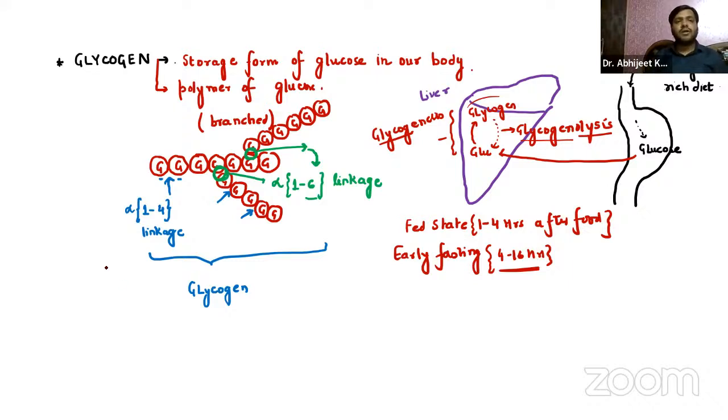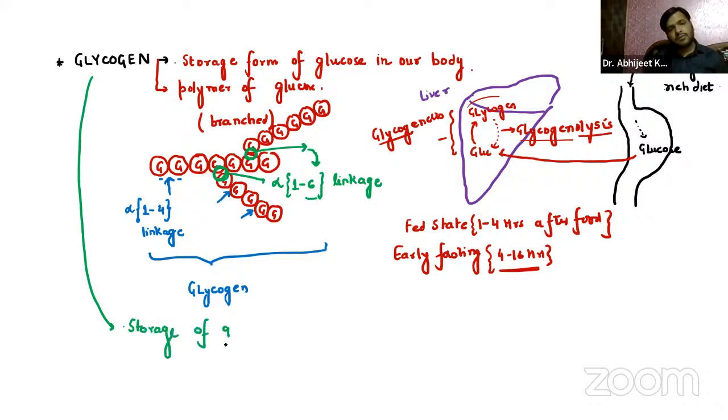Apart from that, you already know the glycogen is stored in two forms in our body. The storage of glycogen is in the liver and also in the muscle, right? Very, very important.